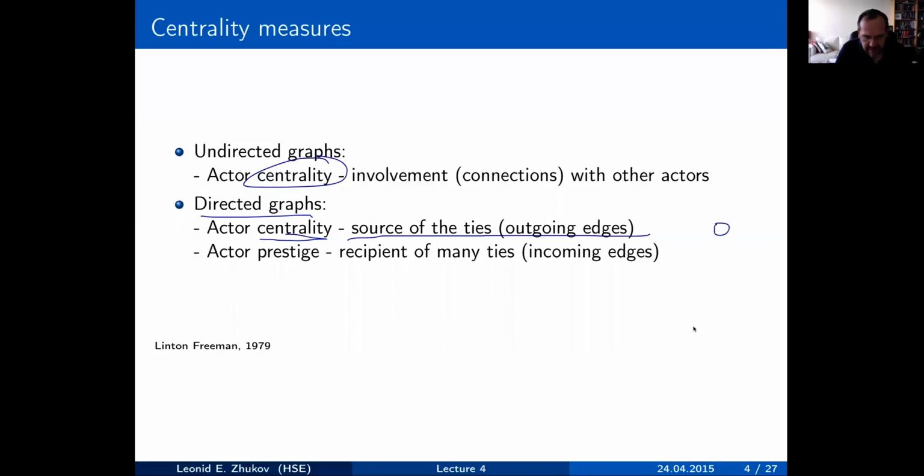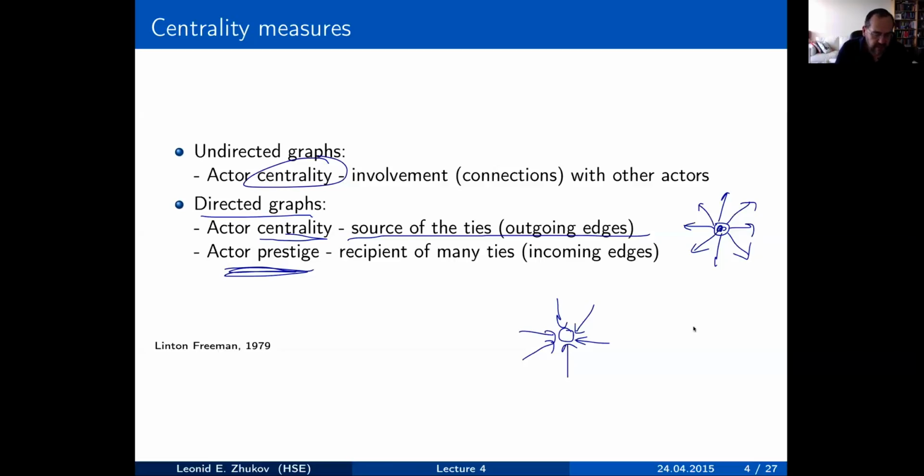If there are edges coming from that actor, then we talk about the centrality of this actor. A little different notion is actor prestige, when there is an actor or node in the graph and there are edges coming towards it. Then we're talking about the actor's prestige, when the actor is a recipient of many ties or incoming edges.